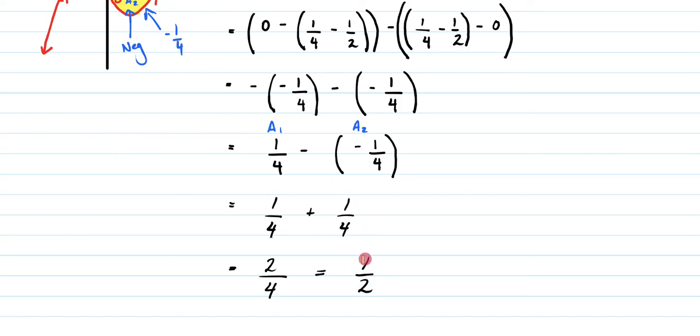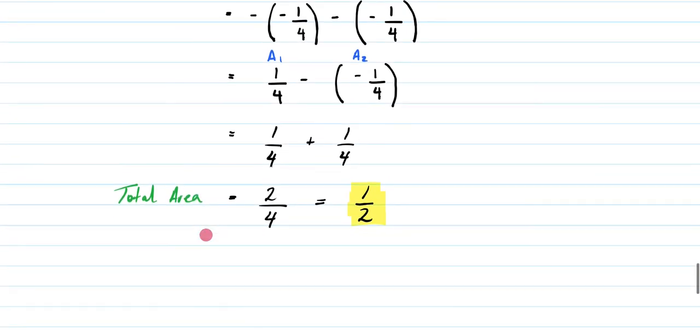So my total area is 1/2. My signed area, if I came down here and figured out what my signed area is going to be, well, my signed area is going to be 1/4 minus 1/4, which would be equal to 0.